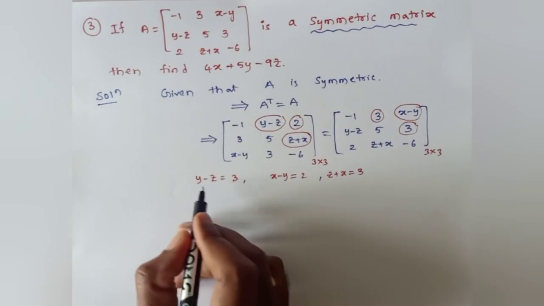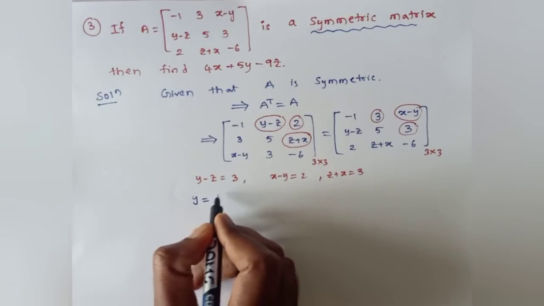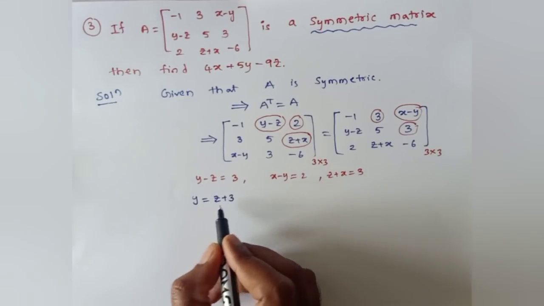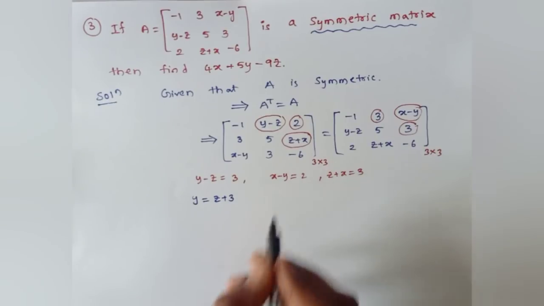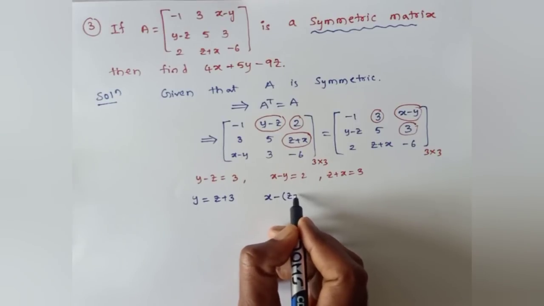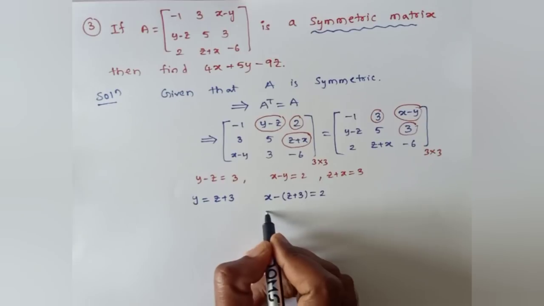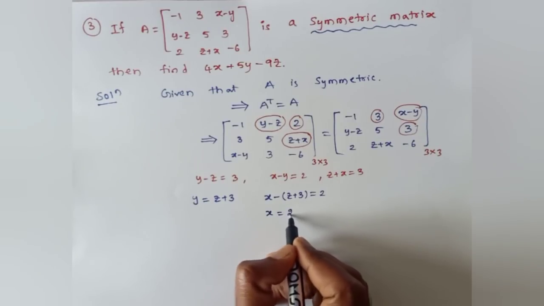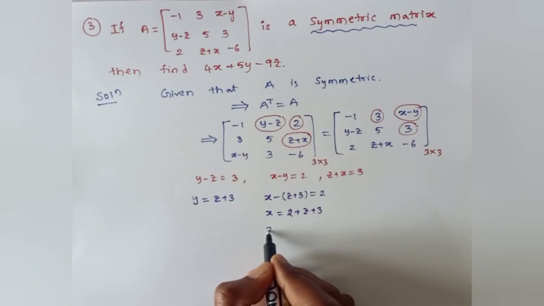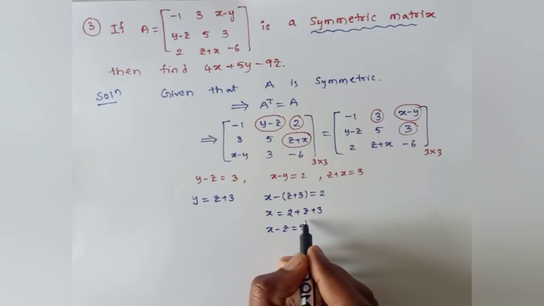Here y minus z equal to 3 means y can be written as z plus 3. Now substitute this value of y in the equation x minus y equals 2, so x minus of z plus 3 is 2, which means x minus z equals 5.